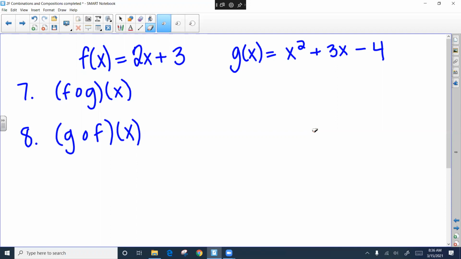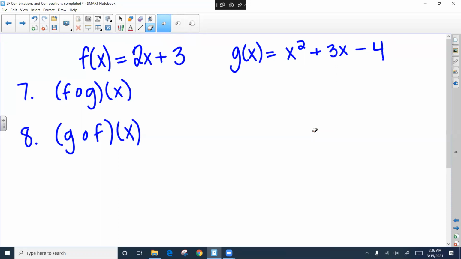2. So this one is easy algebra. We just have to distribute. But the difference on 8 of x, this time we're plugging f of x in.